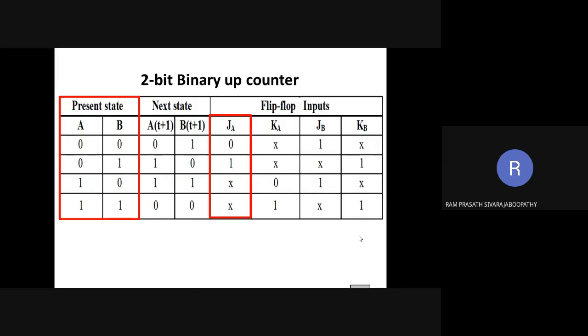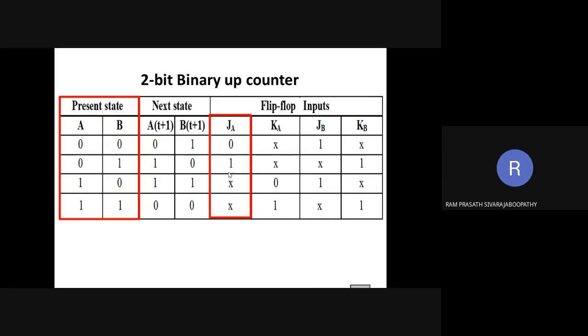JA is the output function. So for this we draw a K-map. So now what will the function be? JA of A, B equals what? What are the minterms we have? Look at this and tell me what minterms are there. JA equals sum of what minterms?